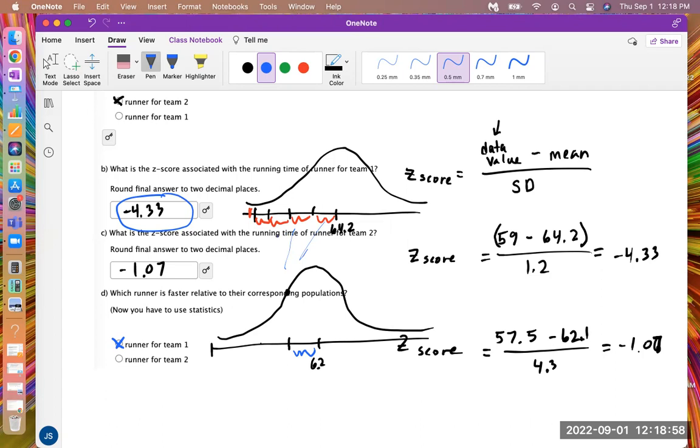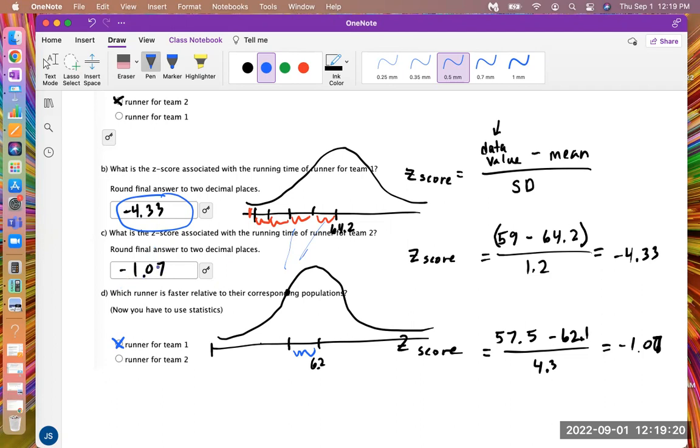So the smaller z-score is the negative 4.33. And you have to remember here that the larger negative number is actually smaller, so negative 4.33 is actually smaller than negative 1.0.